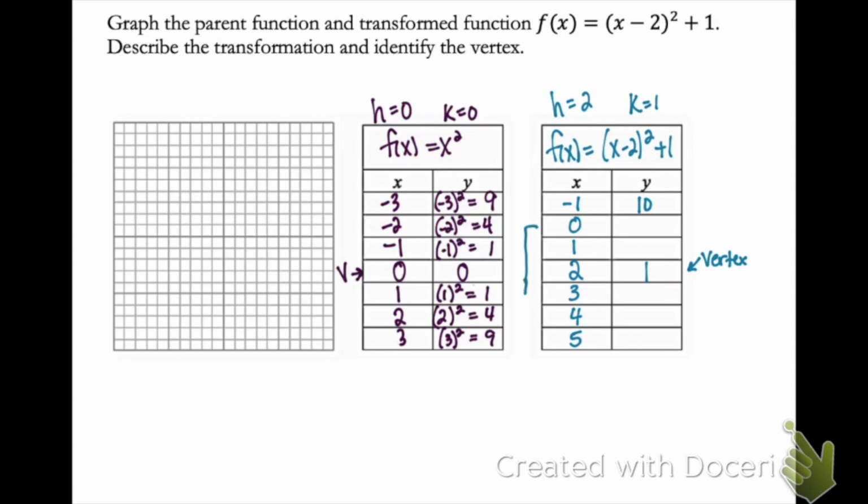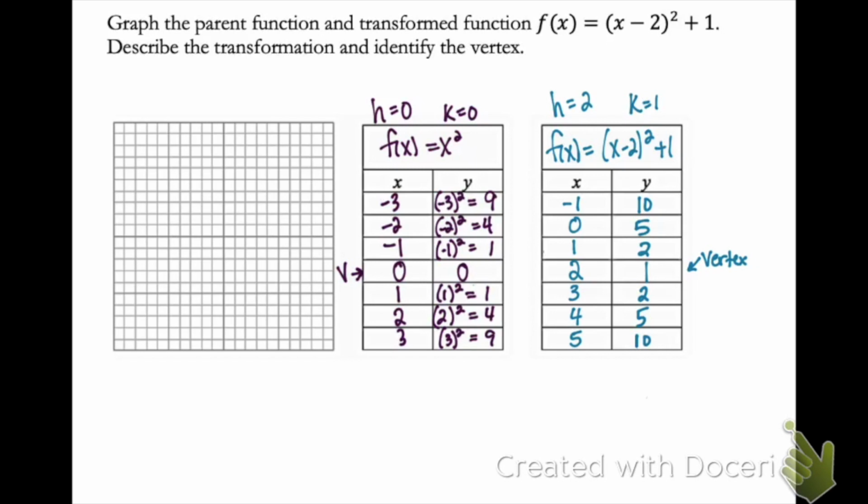Same thing with 0. I'm going to plug that into my equation, and I get out 5. And again with 1. Now, you can either plug 3, 4, 5 into the equation the same way, or following the pattern that we saw before, we know that these are just going to be 2, 5, 10.